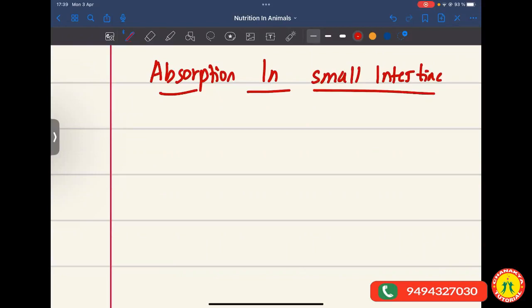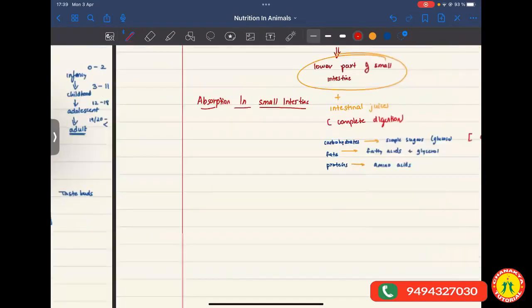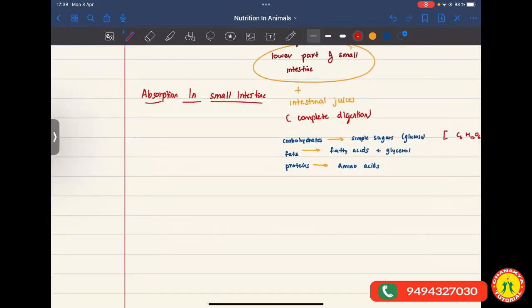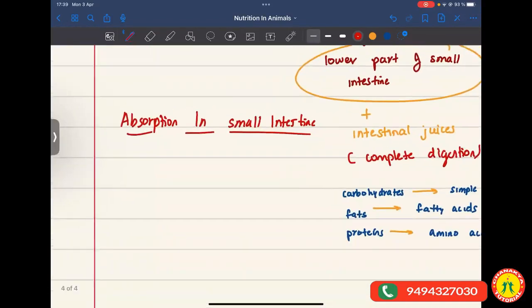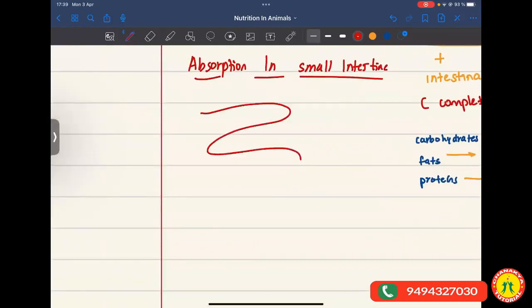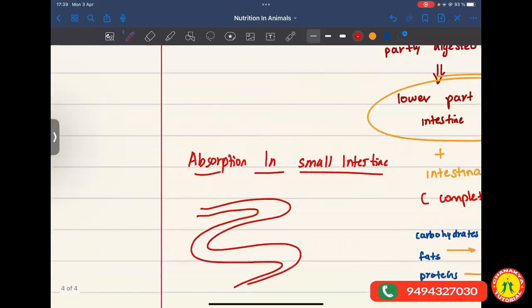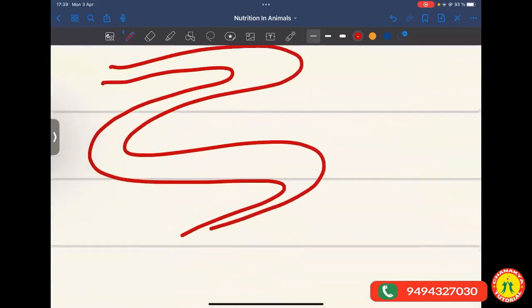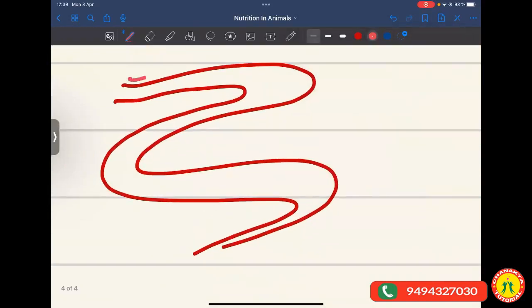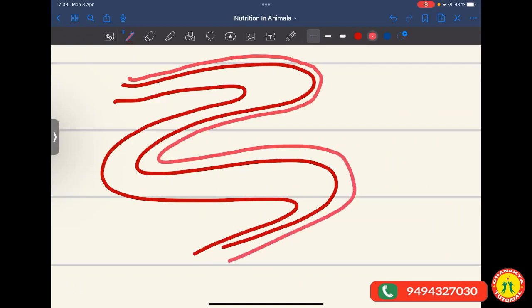Okay, so the digested food, now you can see all the food that is being digested and converted, will pass through the walls of the intestine. So this is the small intestine, for example. This is the wall of the intestine. I'm drawing a double line to show the wall.